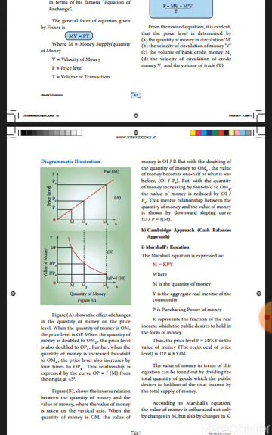If quantity of money is doubled to OM2 on the x-axis, price level is also doubled to OP2 on the y-axis. If quantity of money is increased fourfold to OM4, price level also increases 4 times to OP4.